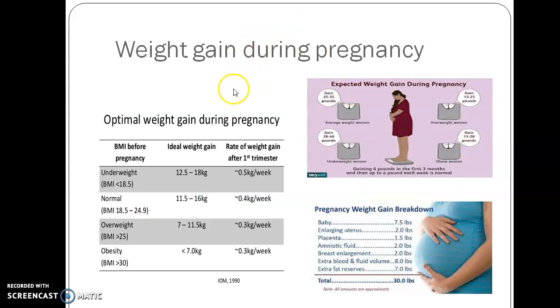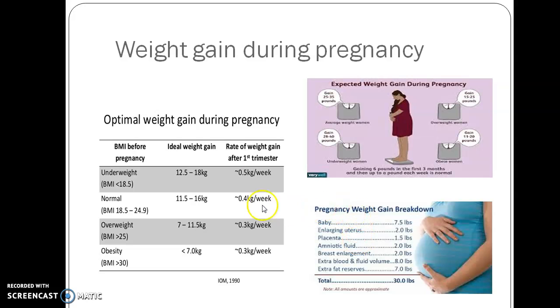Now, weight gain during pregnancy, we had already discussed that underweight mothers should gain about 12.5 to 18 kg. Normal weight mothers should gain about 11 to 16 kg. Ideal weight is that. Overweight mothers should gain only about 7 to 11.5 kg in total.